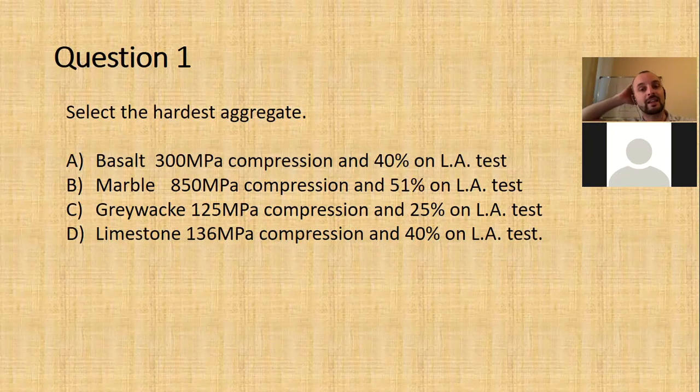And that means the smaller the percentage, the harder the aggregate is. So C is the hardest aggregate. So did only one person get that, Vian? Okay. Any questions on that?